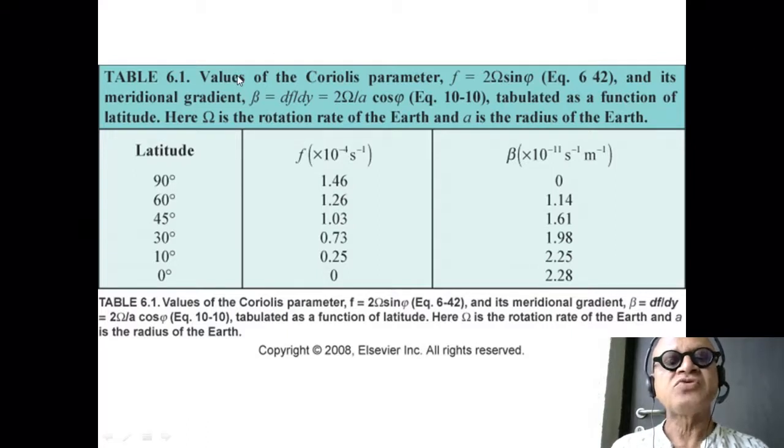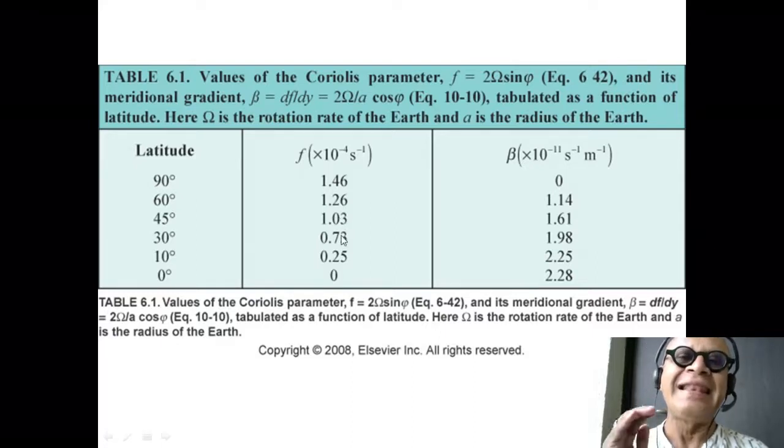But first we need to make sure we understood that the Coriolis does vary from the equator to the poles. So if you look at the F, the local Coriolis, 2 omega sine phi, at the equator phi is 0, so obviously F is 0. And you can see that it increases with latitude: at 10 degrees 0.25, almost 3 times at 30, almost 4 times at 45, and so on.